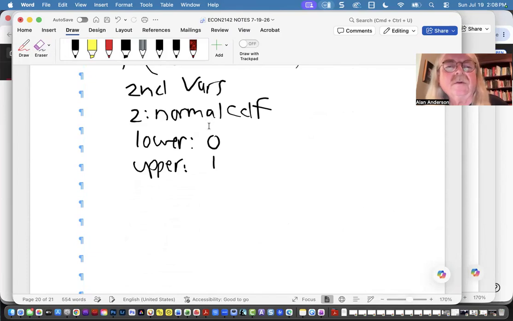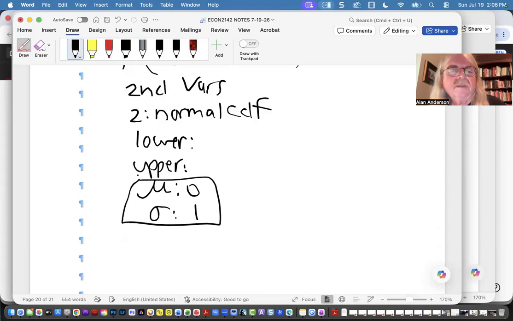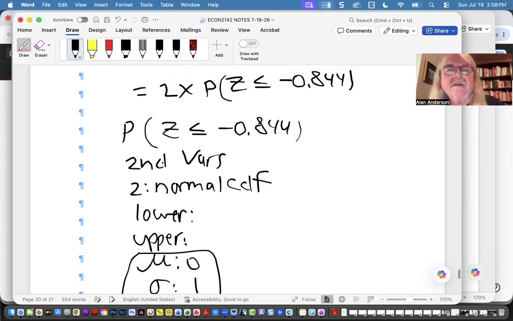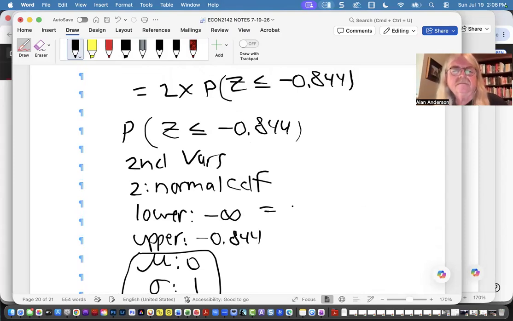Oh, I'm sorry. I'm looking at the wrong thing. That's the mu and sigma. All right, so we're looking at this one. This will be anything from negative infinity up to negative 0.844. All right, let's see what that equals.